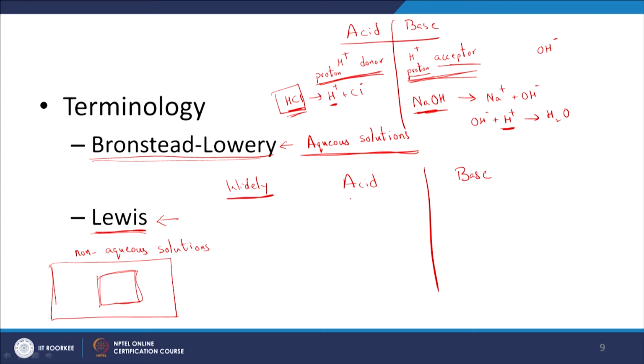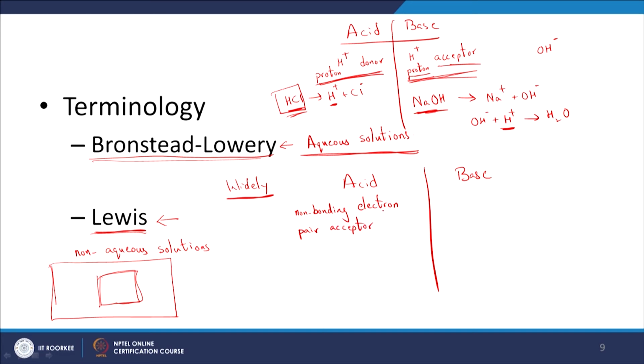So again, what is a Lewis acid? We are going to say it is a non-bonding electron pair acceptor.